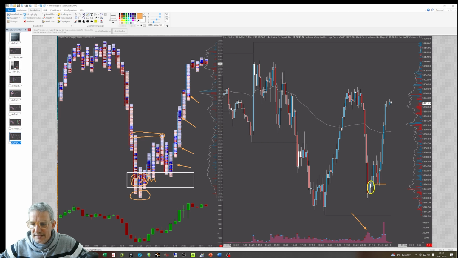And when you have a quick watch at the technical side, you can see here is the inside bar 2. The market starts, comes back to the inside bar, to this place where the players are doing their business, their fair business.